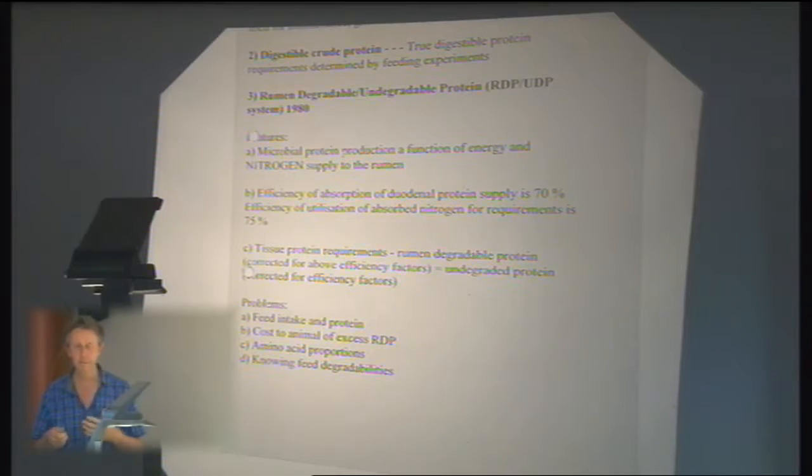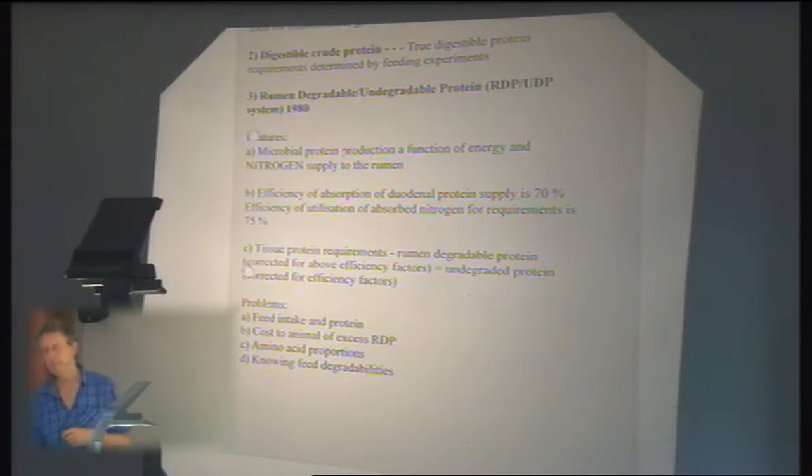Also, if there's a vast surplus of rumen degradable protein, supposing you're feeding a lot of urea, a nitrogen-rich compound, with straw, as you do, and that goes into the rumen, there's actually a cost of detoxifying that urea. So the urea is all absorbed into the bloodstream, and it's expensive for the animal to detoxify it.